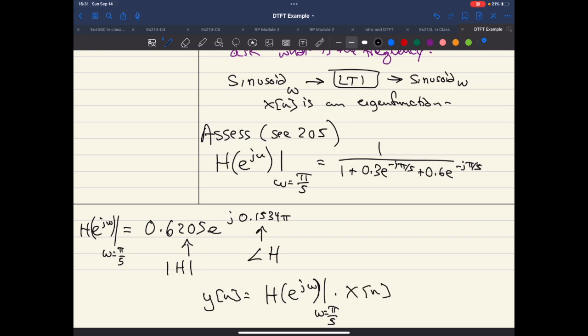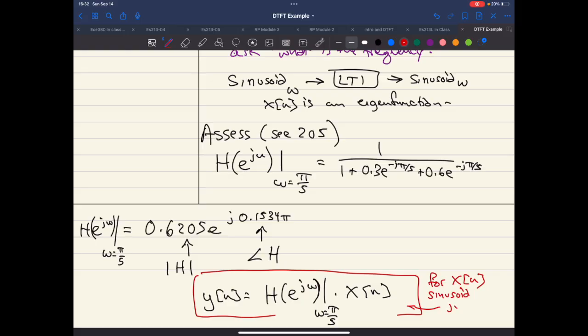And we'll cover this identity again in class, but whenever you have a sinusoid in, you can cheat and just use H(e^jω) to solve, just like we did in 205. And probably 300 to some extent.